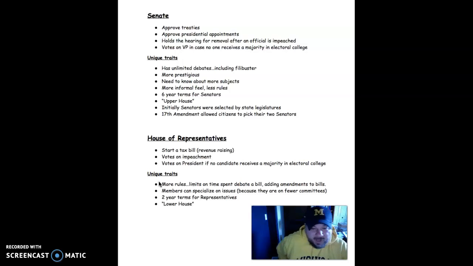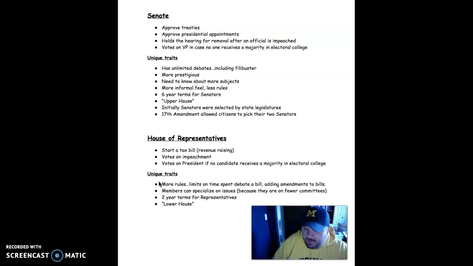For example, Alaska's got one representative. So they get together in a room by themselves, and that one representative gets the vote for who they want. That becomes Alaska's vote. So if that one person's a Democrat and they vote for the Democrat, then Alaska votes for the Democrat. In Michigan, we have 14 representatives. So let's say those 14 representatives get together in a room, and they vote for who they like, and it's 7-7.